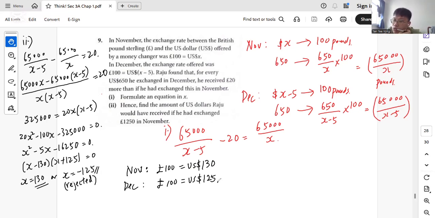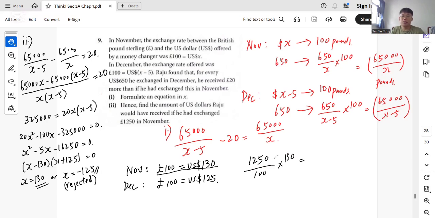Back to the question part two. Hence, find the amount of USD Raju would have received if he had exchanged 1,250 pounds in November. So he's using British pounds to exchange to USD, and it's in November. So he will get more USD, because USD is higher. So it will be 1,250 pounds over 100 pounds, then times 130.